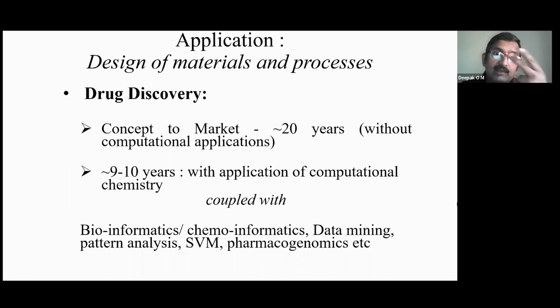Within a span of nearly 1.5 to 2 years, all of us got administered with the vaccine, purely because of the advent of computational chemistry techniques and their integration with biotechnology, bioinformatics, chemoinformatics, artificial intelligence, data mining, all these things put together. It's actually a collective work, but computational chemistry has contributed a lot in that line. Molecular modeling and simulation types of research work have contributed to that.